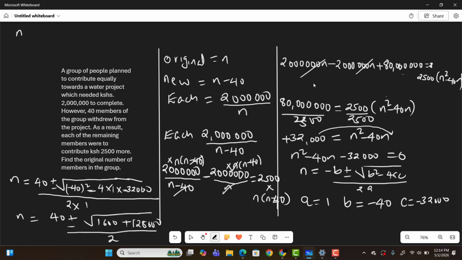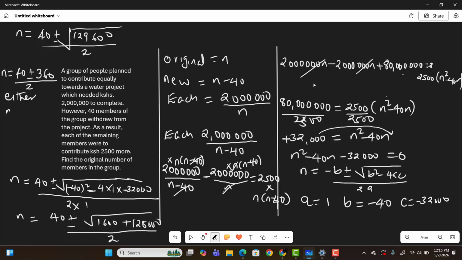A value of n equals 40 positive negative, the square root of 1,600 plus 128,000, that is 129,600, divided by 2. What is the square root of 129,600? That's 360, divided by 2.